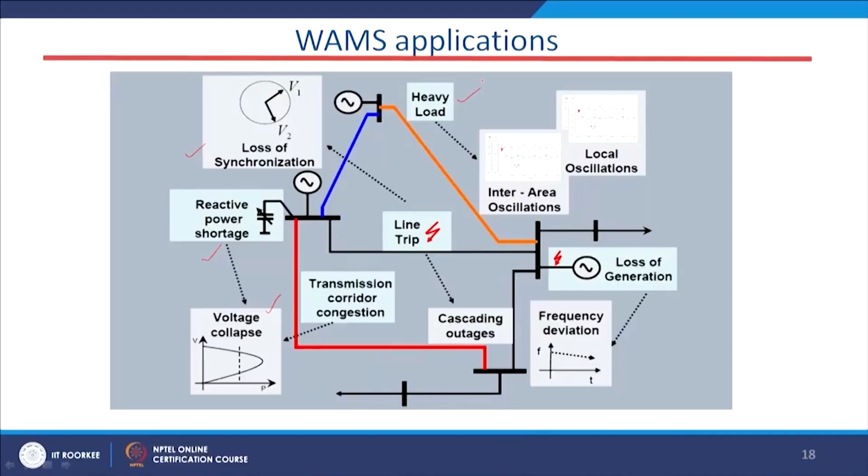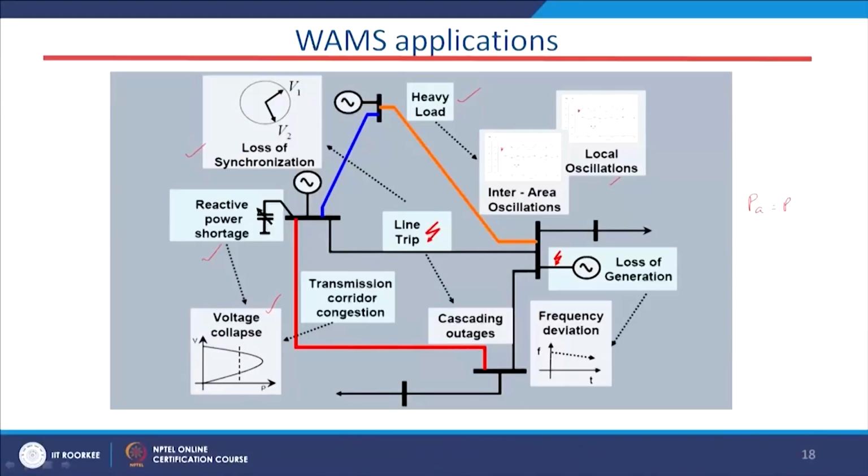And also we have heavy loading. If in some areas we have excess load connected, and this load is drawing a huge amount of power, that is known as heavy loading of the network. Due to that we may have some oscillations. In a power network, when the load increases or decreases, the electrical power of the generator decreases or increases, but the mechanical input to the generator remains constant.